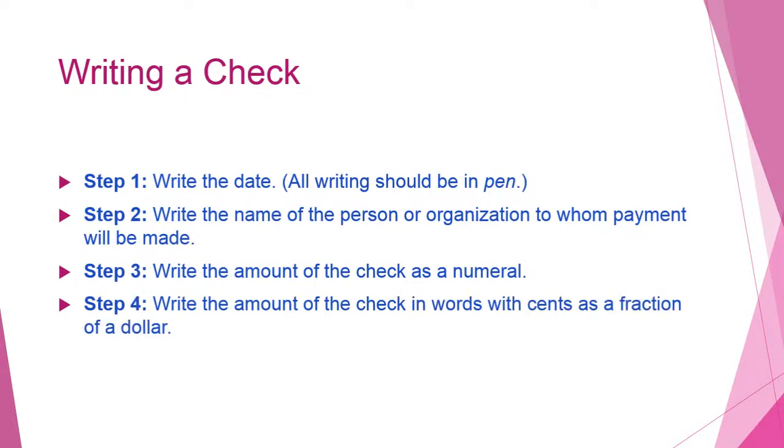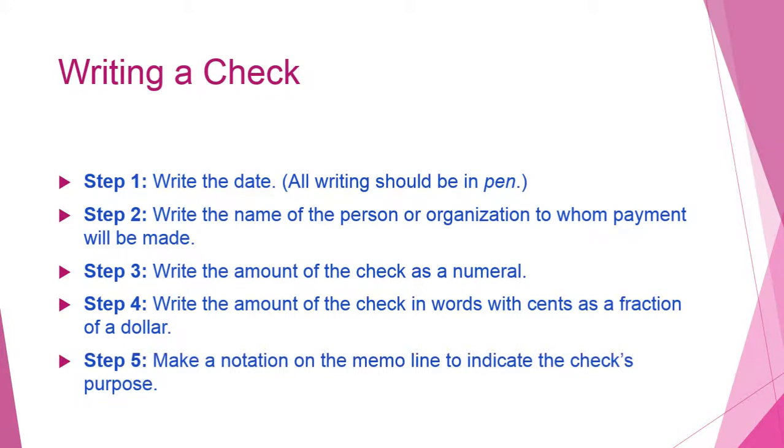Step 4 is to write the amount of the check in words with cents as a fraction of a dollar. Step 5 is to make a notation on the memo line to indicate the check's purpose. And step 6 is to sign the check. So keep in mind that you can do these in any order you like, but for this presentation, these are the steps that I will take.